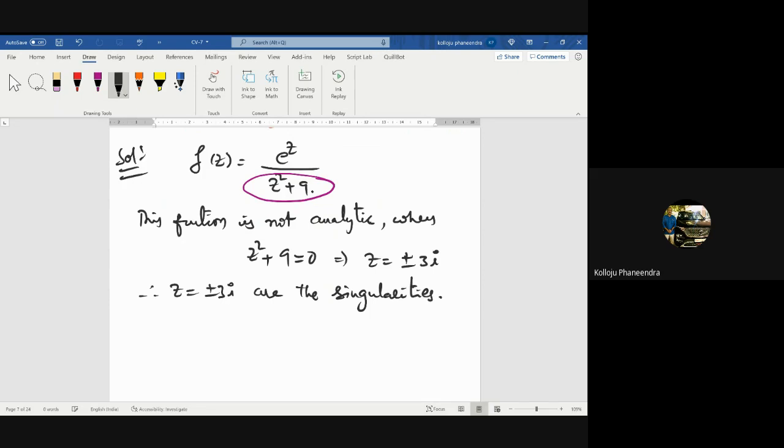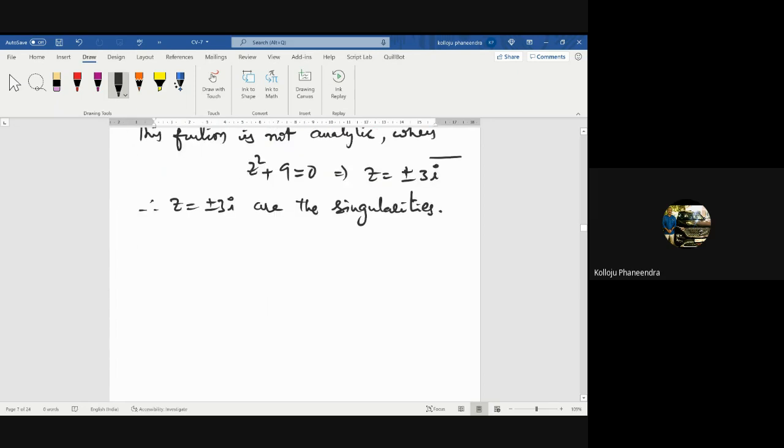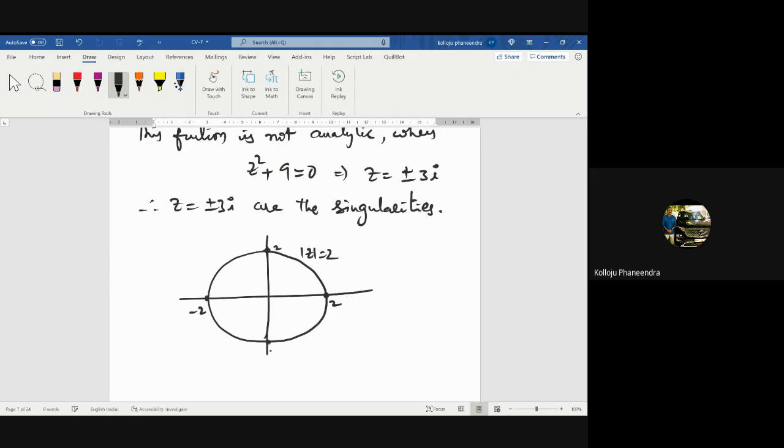Now let us see where these singularities lie. Our circle is mod z equal to 2. So this is 2 and this is negative 2, and on the other axis this is also 2 and this is negative 2. Now what is the singularity? If I consider z equal to 3i, mod z is mod 3i, that is nothing but 3, and 3 is greater than 2.